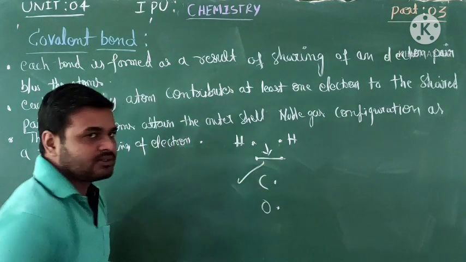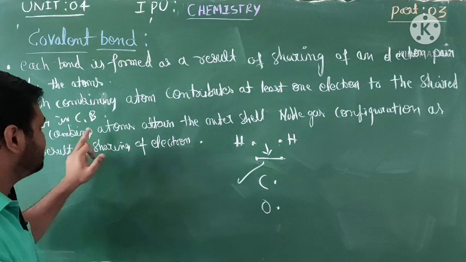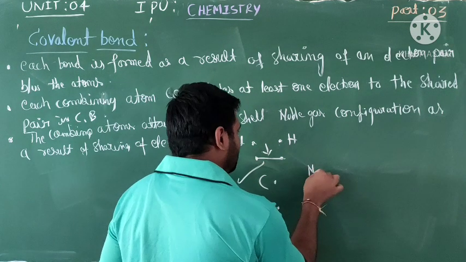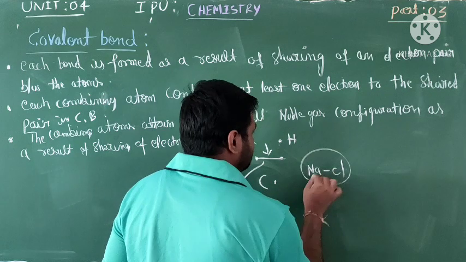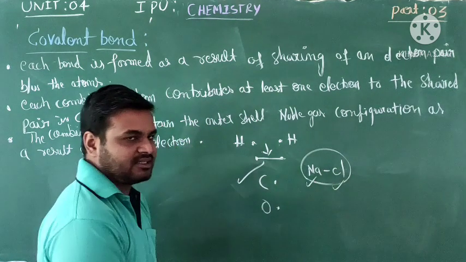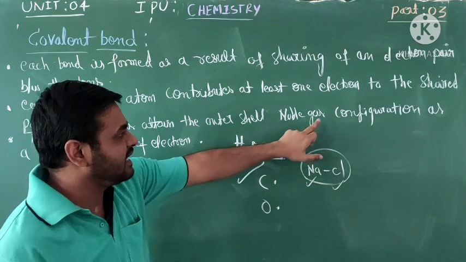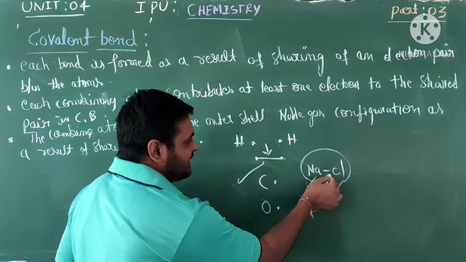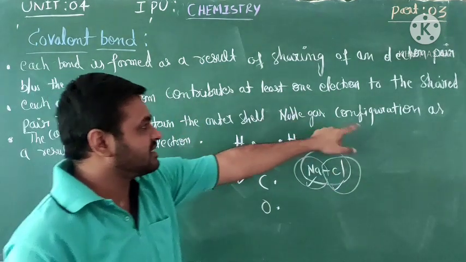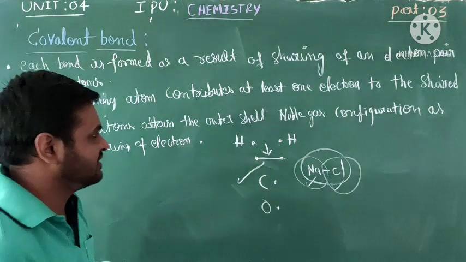The next point, the third one, is the combining atoms. Any atoms combined, like sodium and chlorine, attain outer shell noble gas configuration as a result of sharing of electrons.